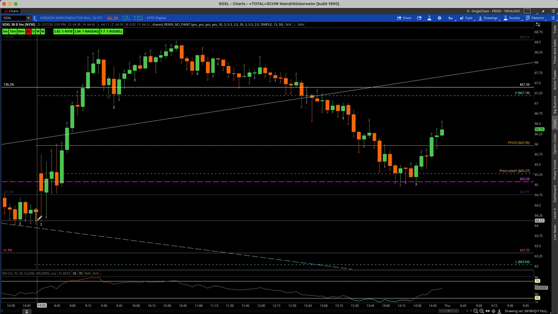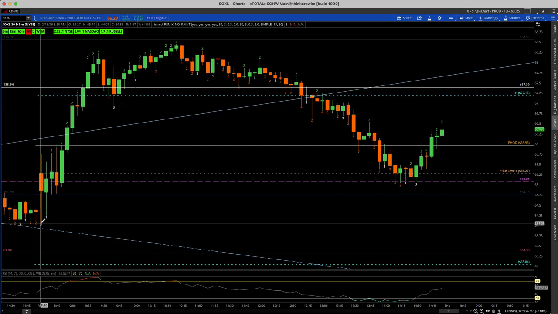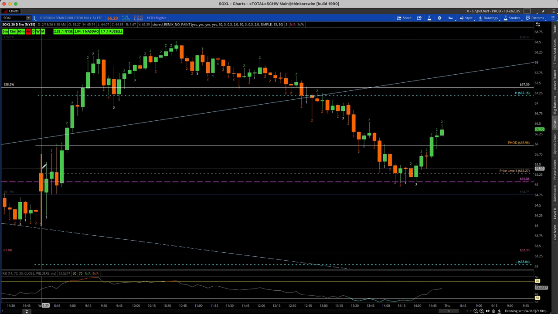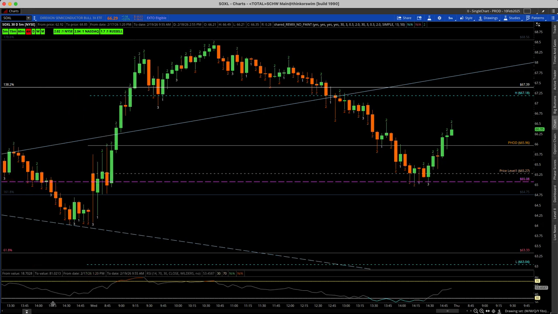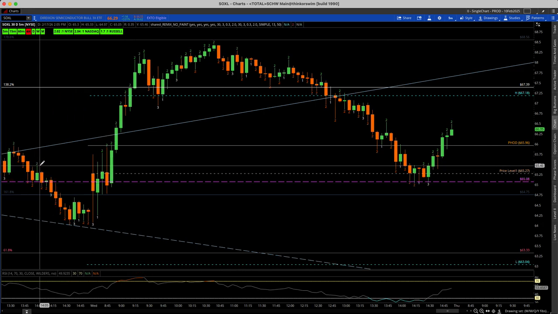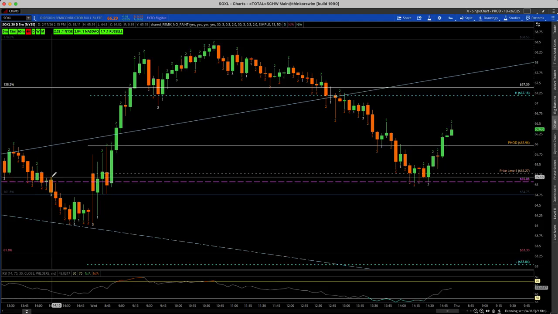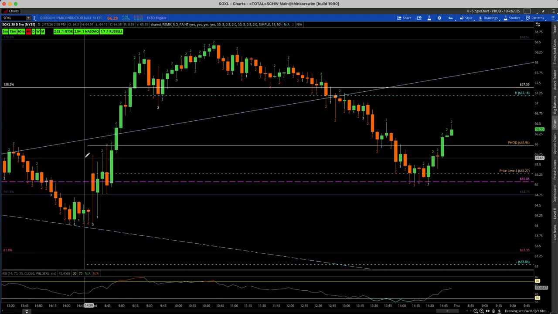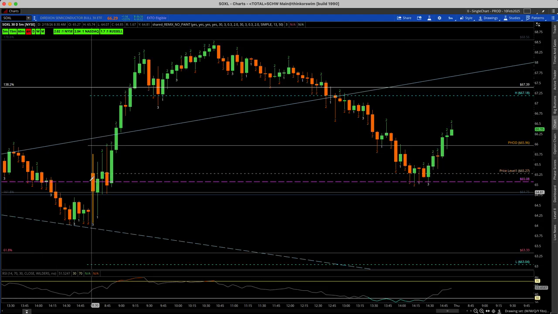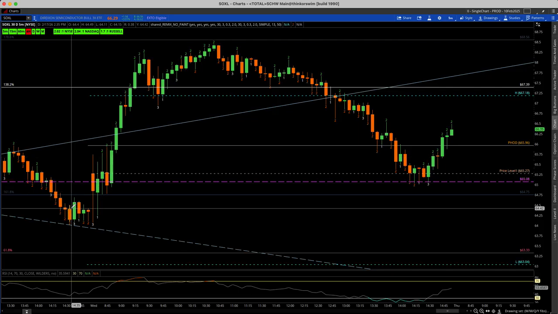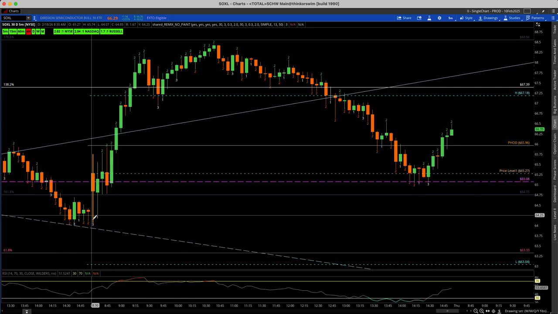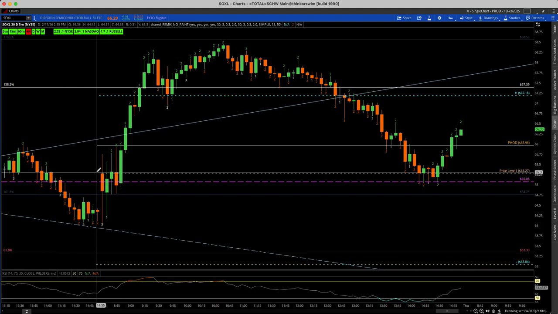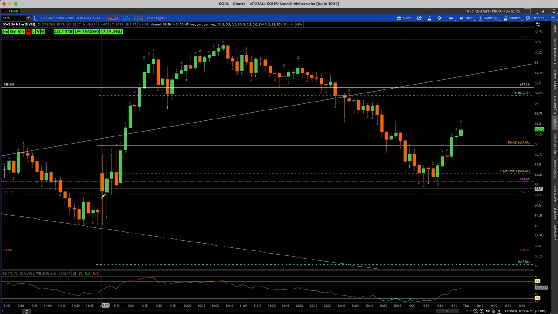So it could be considered a lower low, then getting a higher high, all within the same candle, right? There's the high, there's a soft high right there, lower high. So you can see this candle span this whole downdraft right here. So a little bit of a fake out to the downside, then pop back to the upside, a little bit of fake out to the downside before pushing back up.